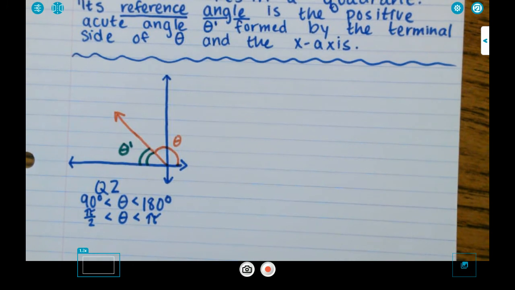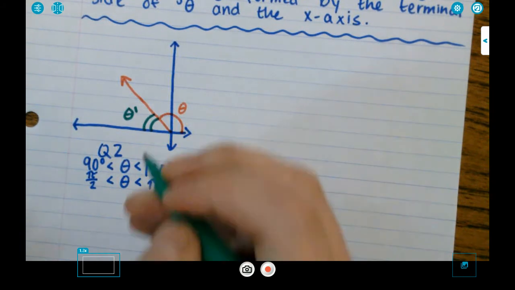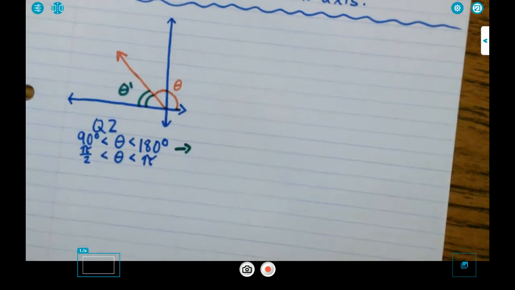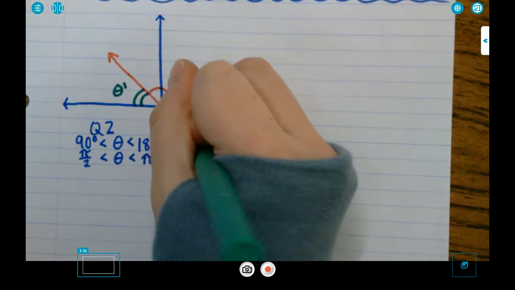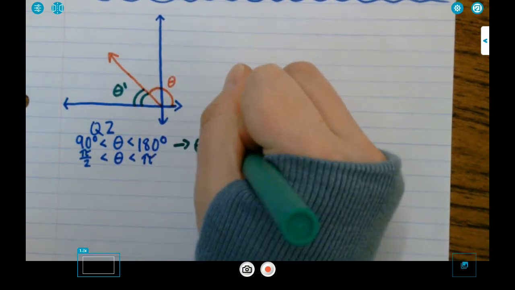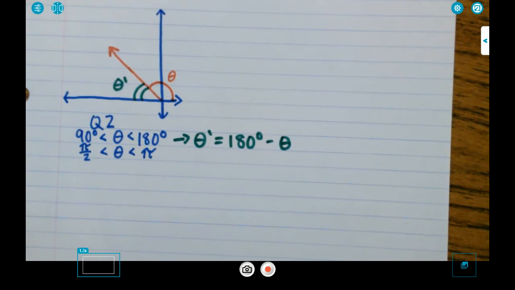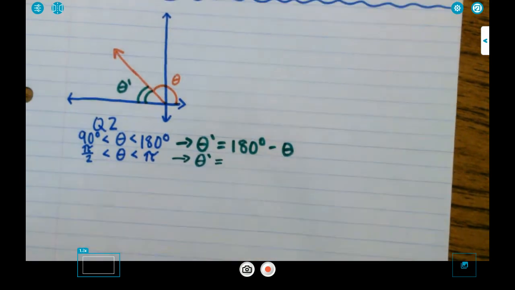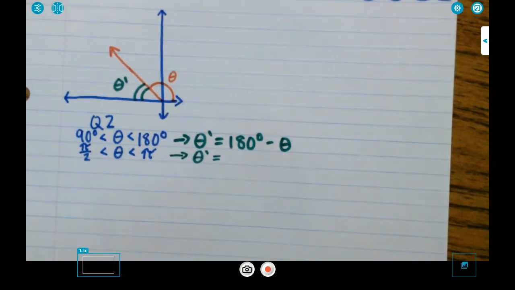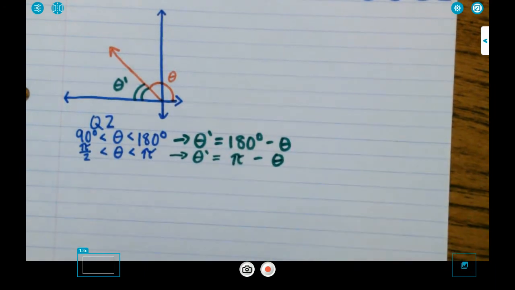So to find a reference angle in quadrant 2, your rule is that for degrees, theta prime equals 180 degrees minus theta. And then the exact same rule in radians would be that theta prime equals pi minus theta, because pi and 180 are the same thing.